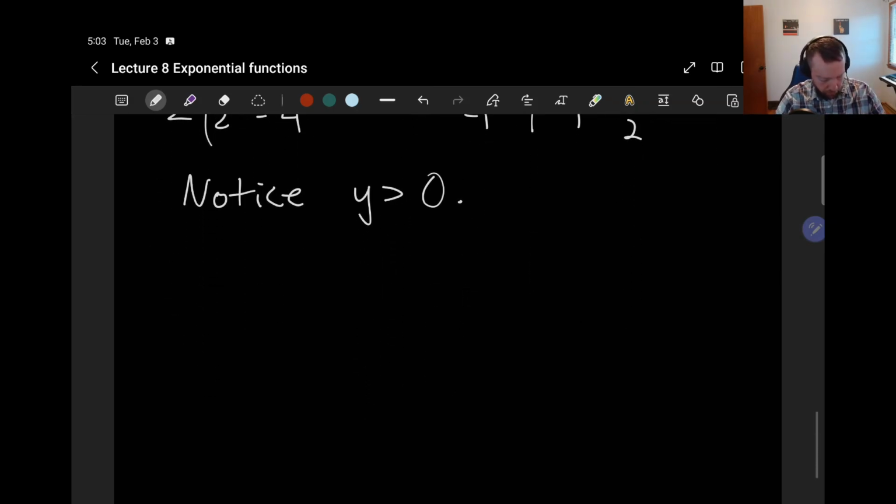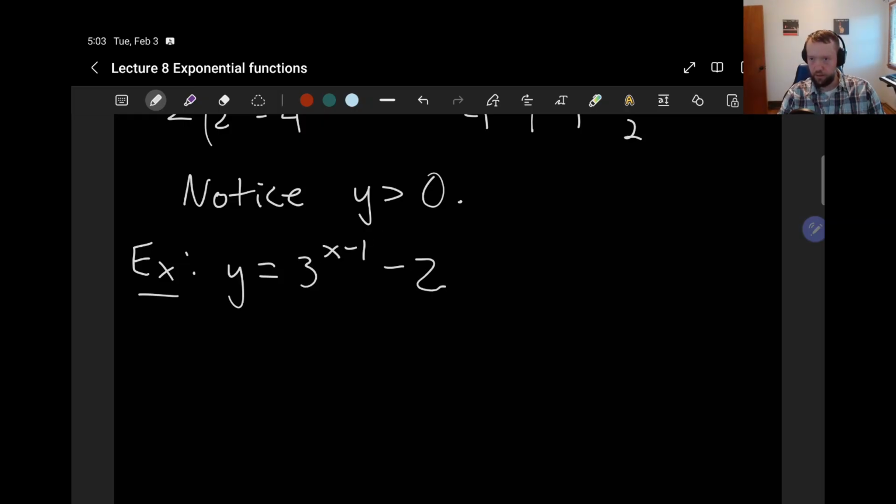All right, let's look at a more complicated one. This is exponential because it has an x in the exponent, but it's of course of a different form.